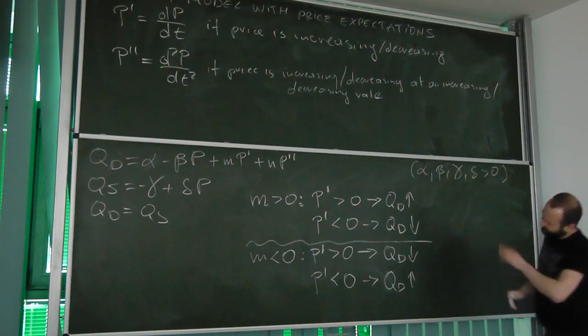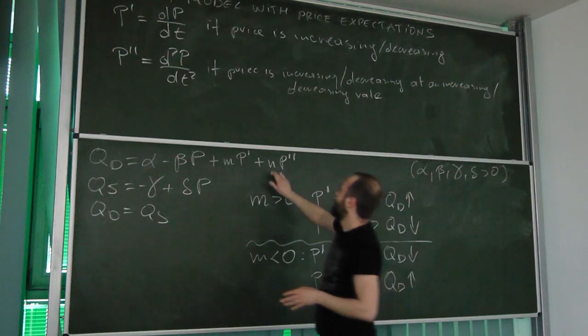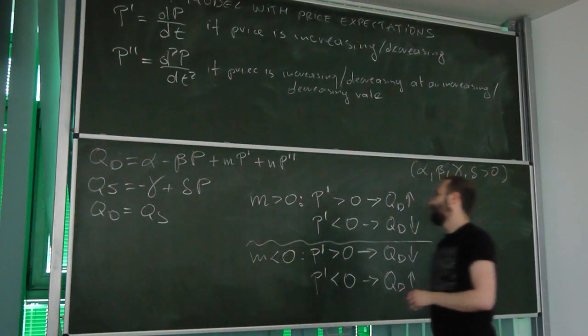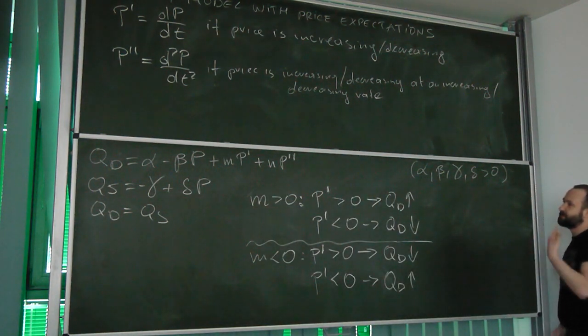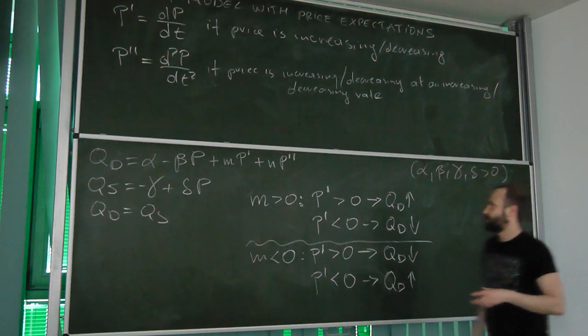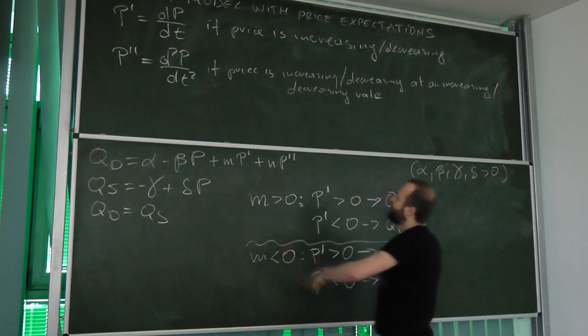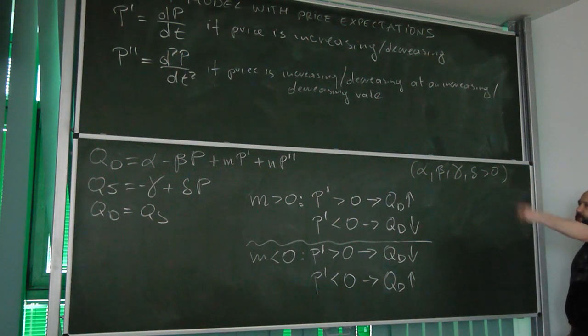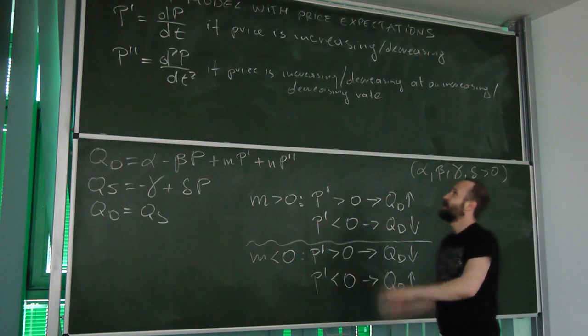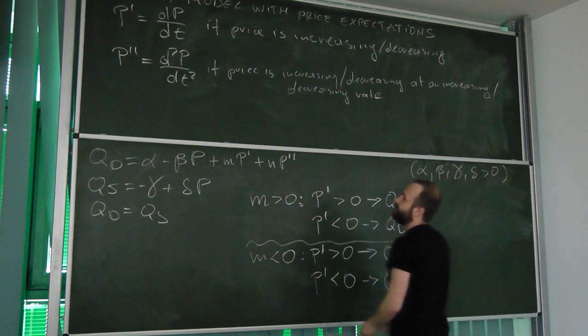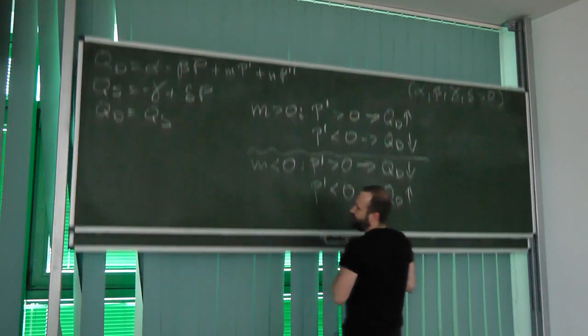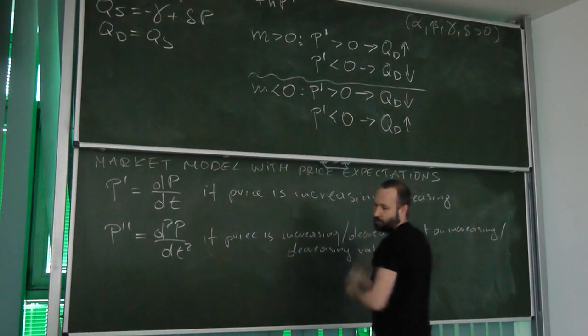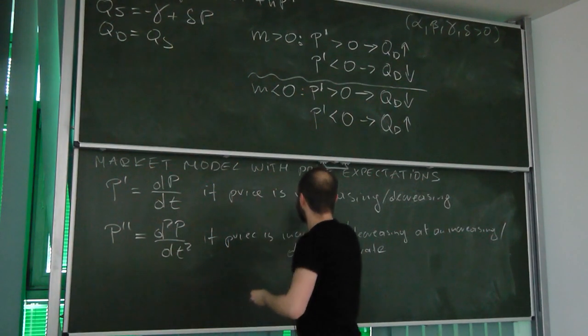Okay, so a very similar interpretation we could impose on parameter n, but this time it is associated with whether the price is going to increase further and further, faster and faster, or slower and slower. But to that we will get back a little bit later once we solve the model.